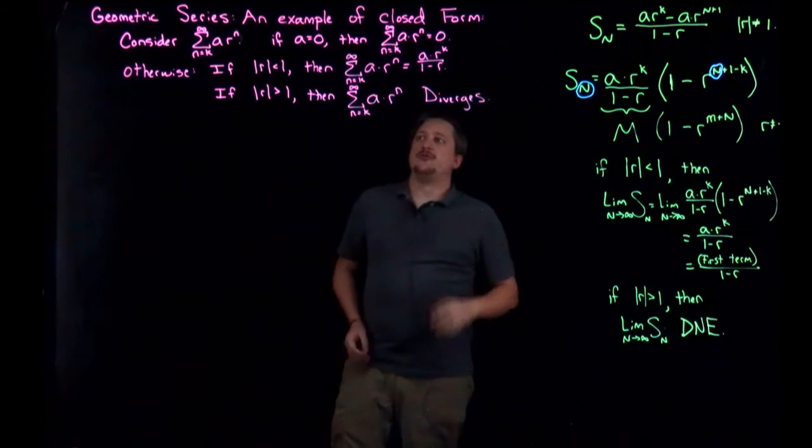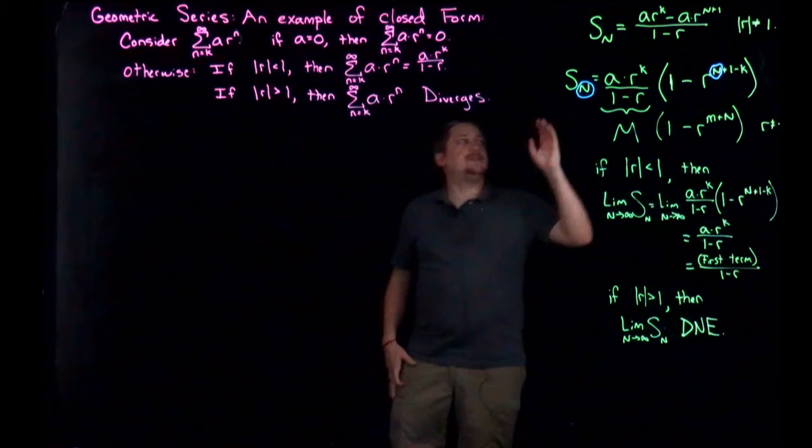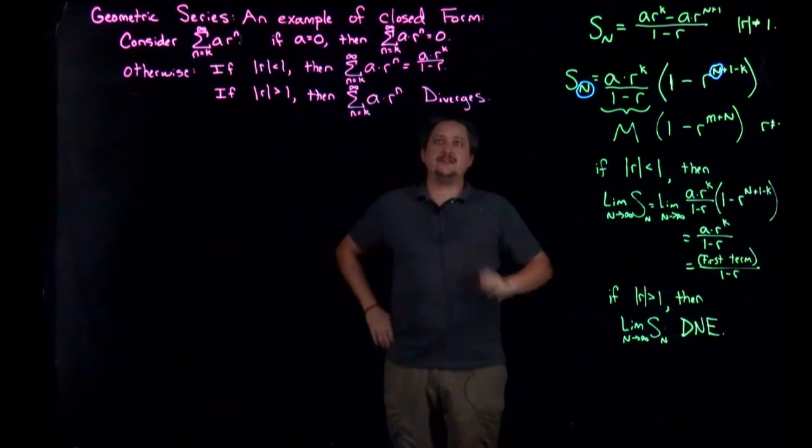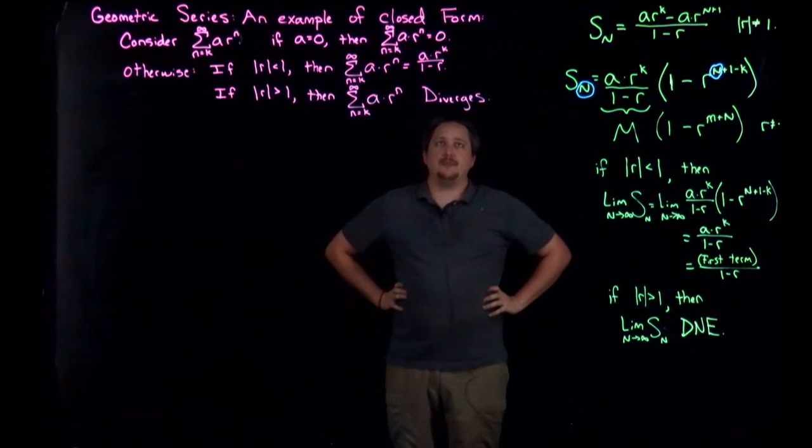All right, so we're not done yet, right? We still have the case where r is 1 or negative 1. And this is a great example of a time, a classic conundrum that we could fall into.